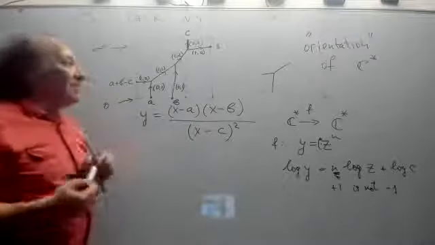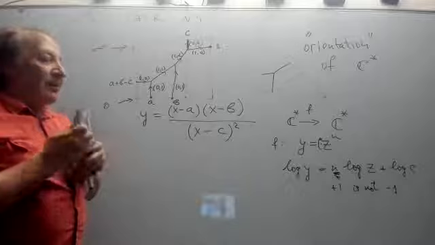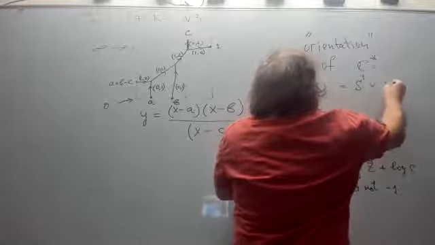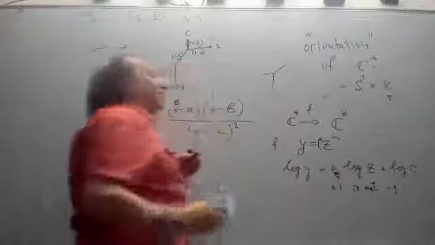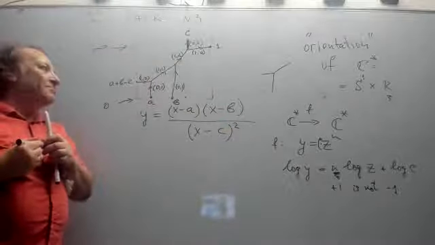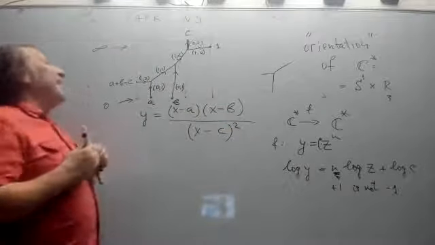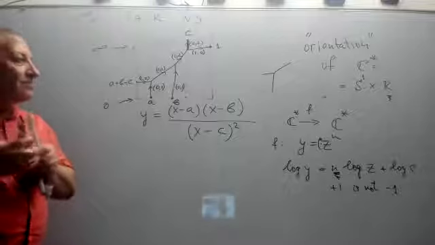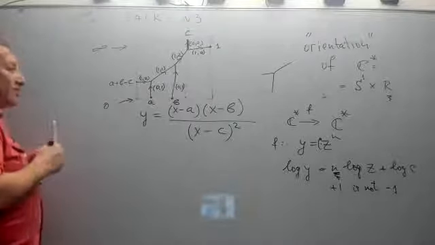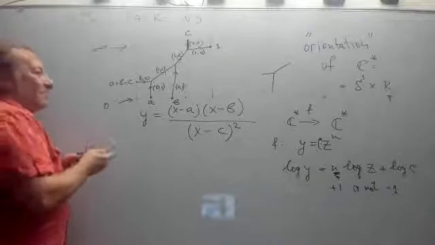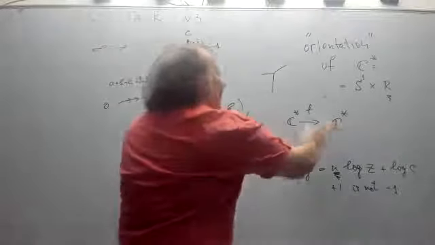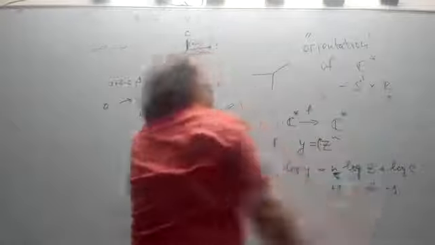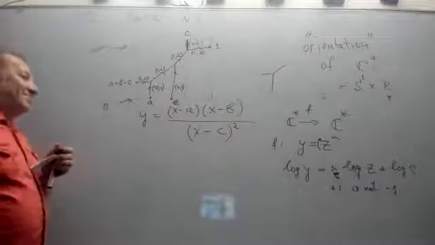However, on C star, being S1 times R, we may choose orientation on this R. Okay? So we may say that everything is oriented. Pasha, do you see what I mean? C star contains R separately from S1. Yes. We can orient this R. Okay.